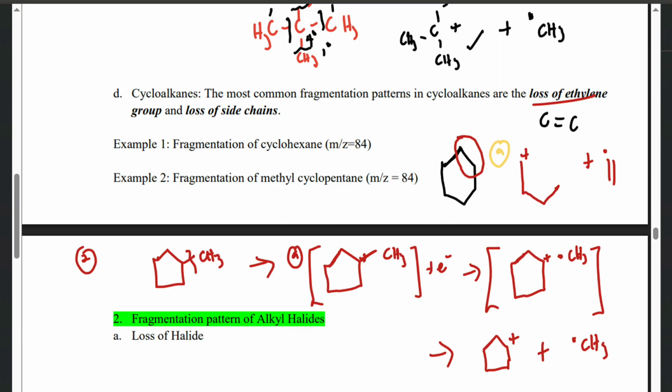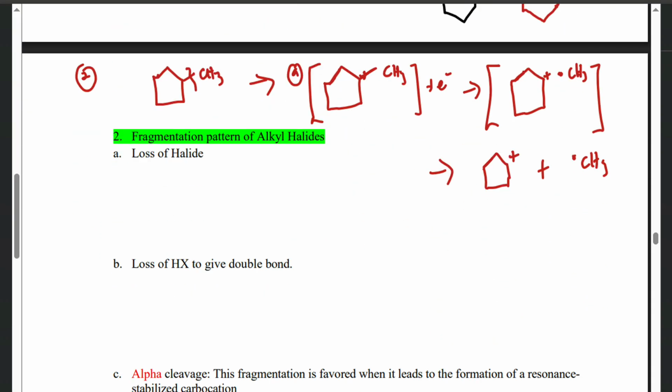So now let's see. Once this is the first product, the second product would be the loss of the ethylene group, right? Now the fragmentation of alkyl halide. An alkyl halide is like you having CH3, CH2, CH2 and Cl, right? So loss of the halide, that's the first thing that happens.